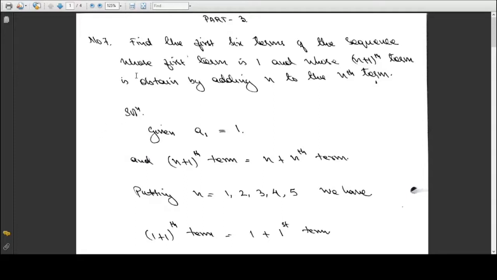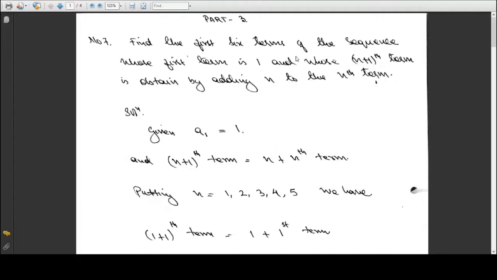The problem here is to find the first 6 terms of the sequence where the first term is 1 and whose n plus 1th term is obtained by adding n to the nth term.